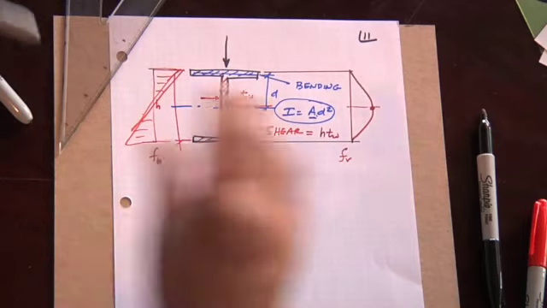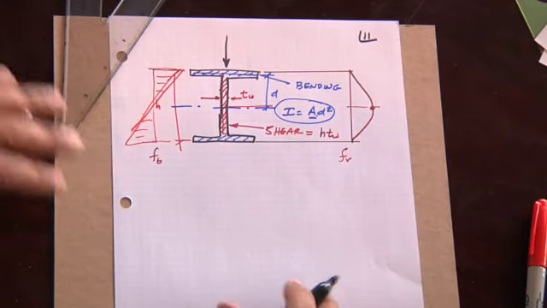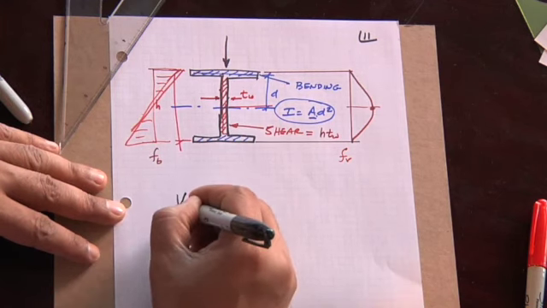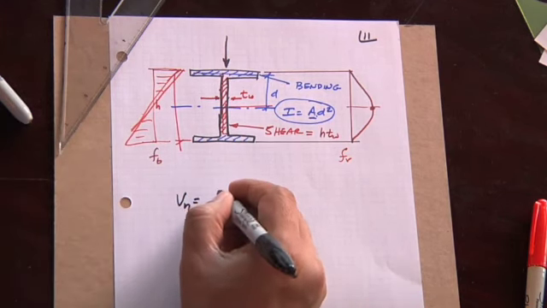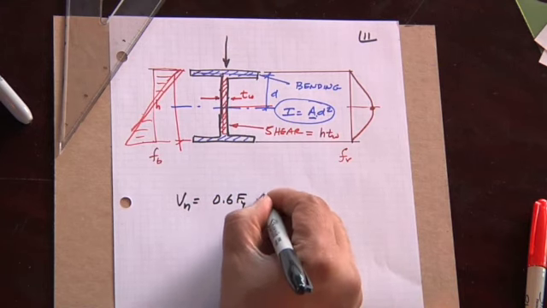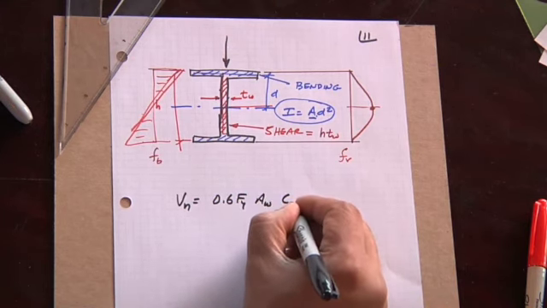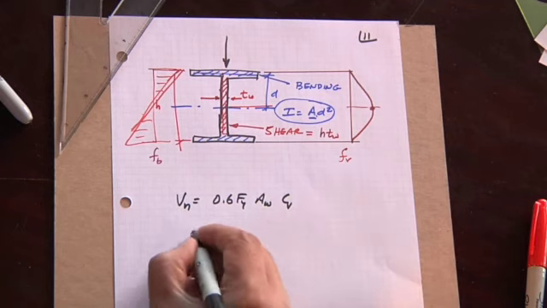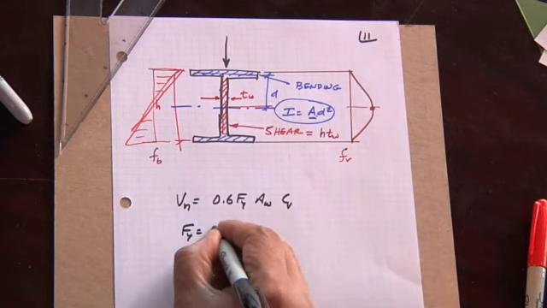So now, in order to solve the problem, what is the shear strength? Let's go back to AISC, which gives us the nominal shear strength for a section as 0.6 Fy, area of the web, times modification factor CV. Our yield strength is 50 KSI.